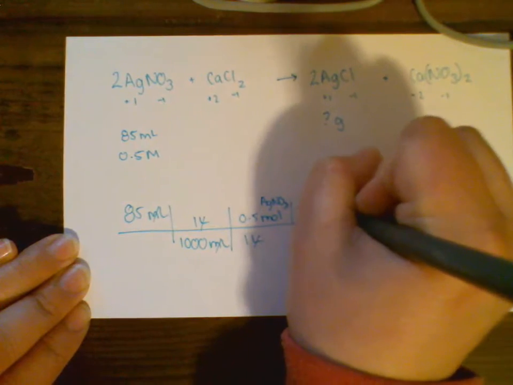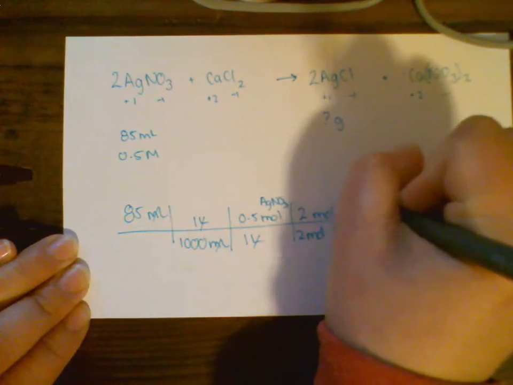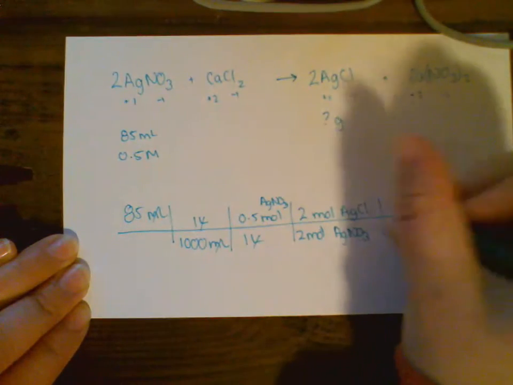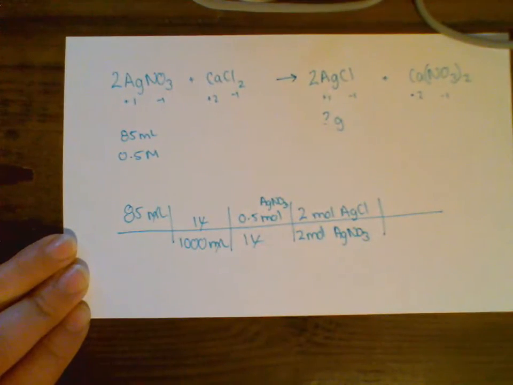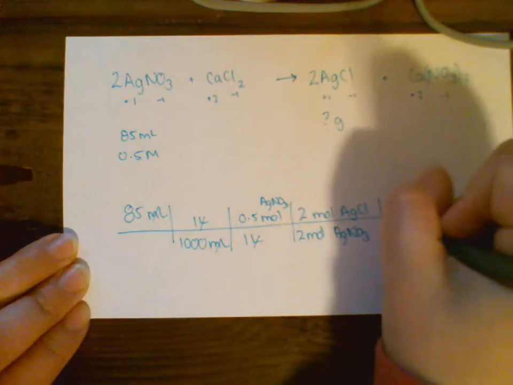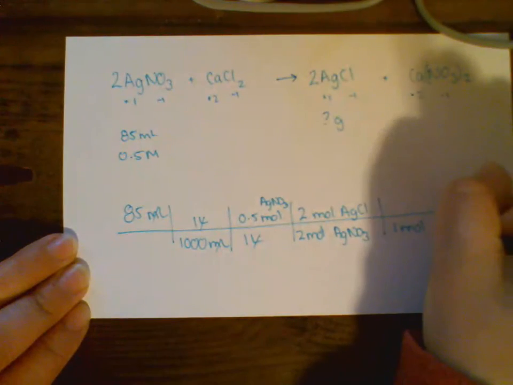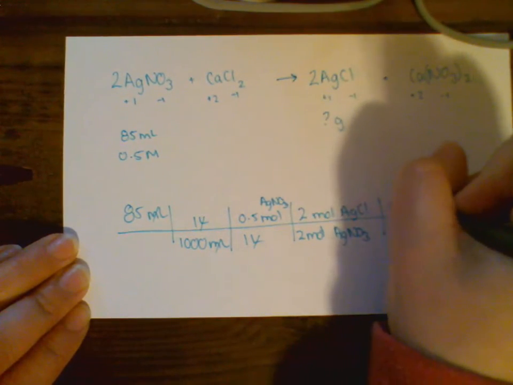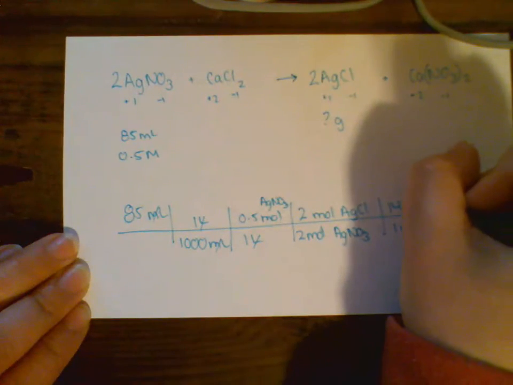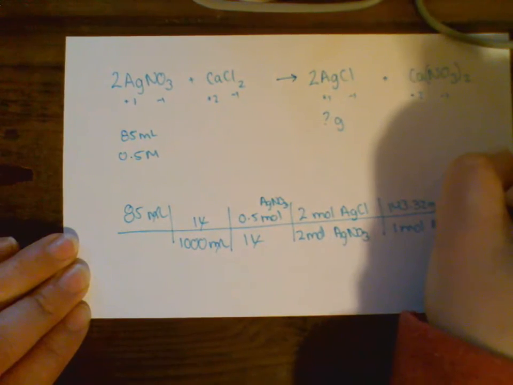Then my last step, because it's asking me for grams, I'm going to need to use my molar mass to convert moles to grams. I know that 1 mole of silver chloride is the same as 143.32 grams of silver chloride.